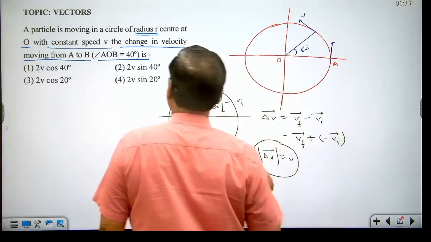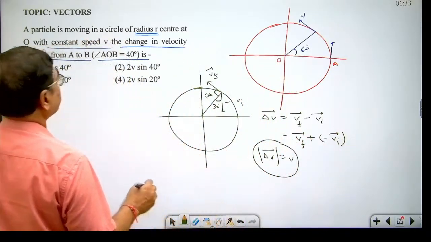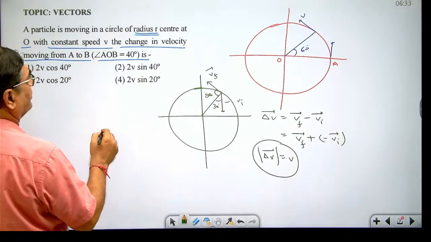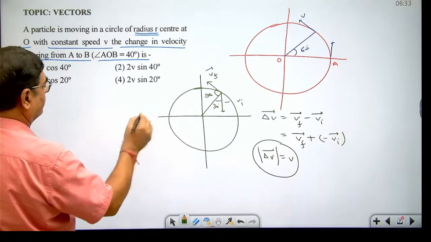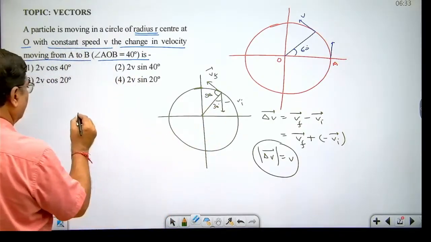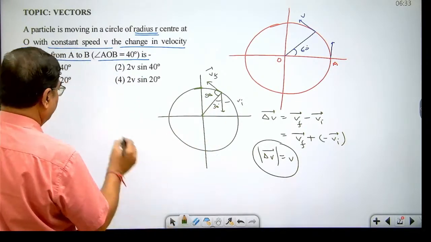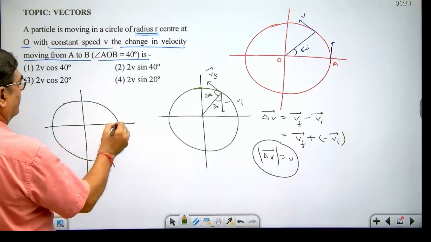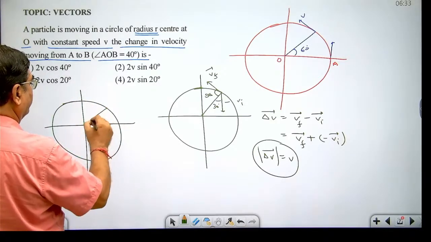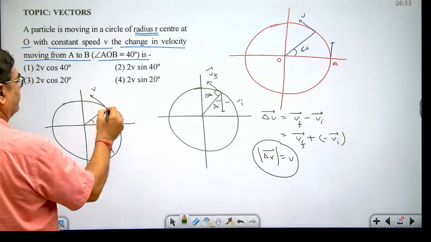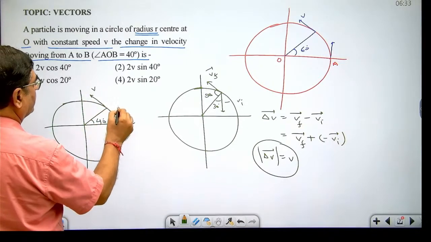I am telling you the simple formula. If the angle is 40 degrees, no problem. See here. If the angle is 40 degrees, this is V initial.